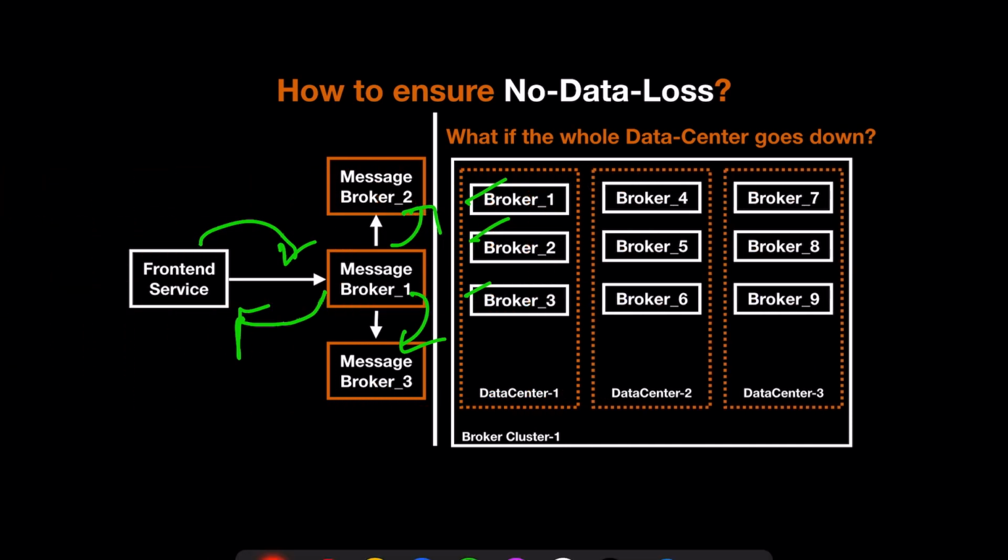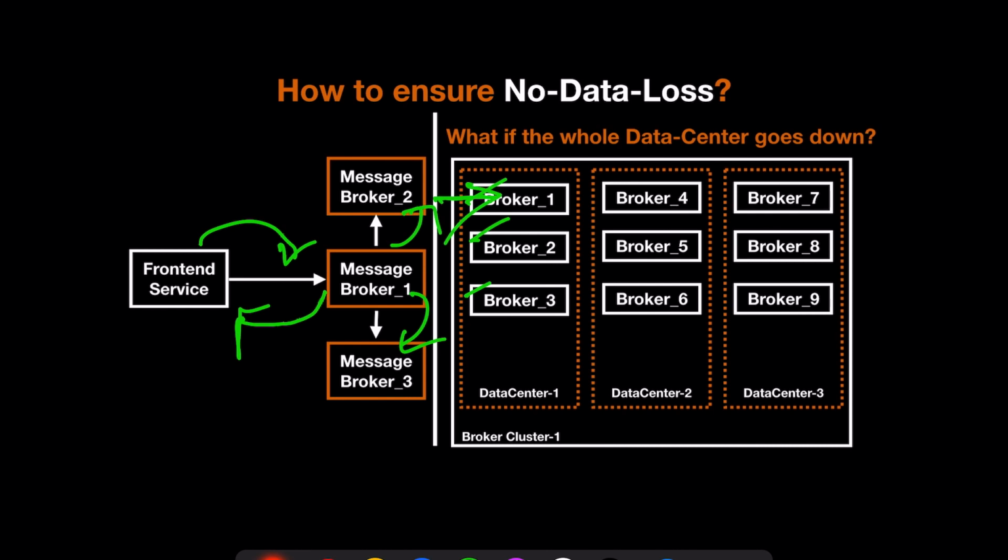For example, we will maintain a cluster of 9 hosts. We can choose either 3, 6, or 9 hosts, but in this example I have shown 9 hosts. Whenever a request comes to one of the hosts, say broker 1, rather than copying to hosts in the same data center, we will choose 2 different hosts from 2 different data centers or availability zones.